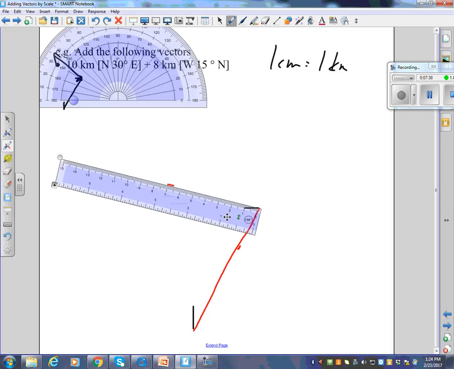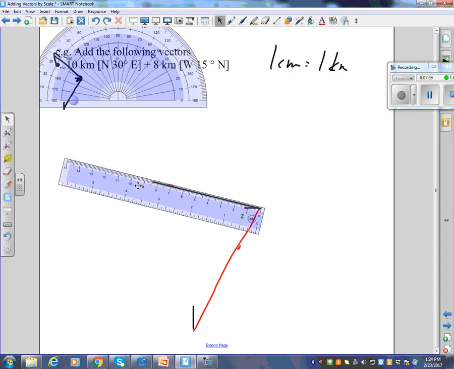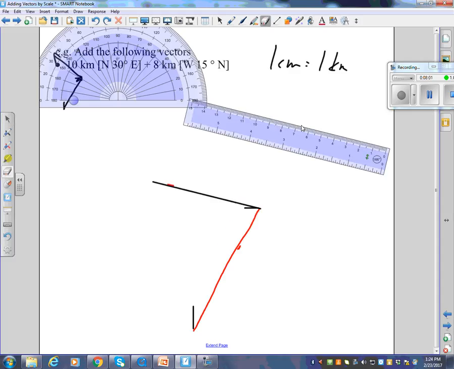Okay, and I'm going to go 8 kilometers, or 8 centimeters, to there. Oops, I went a smidge too far. What's the rule? How far out can you be? 3 millimeters either way, and it tends to always go a little bit over when I'm doing this, so I just have to smidge that back a bit. Like that.